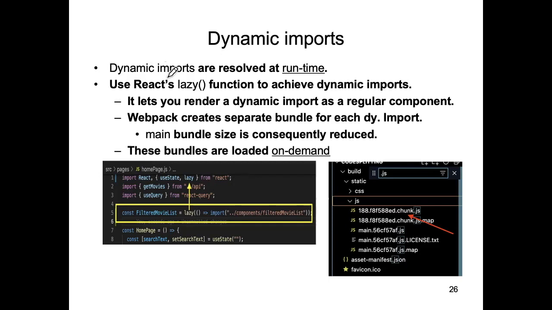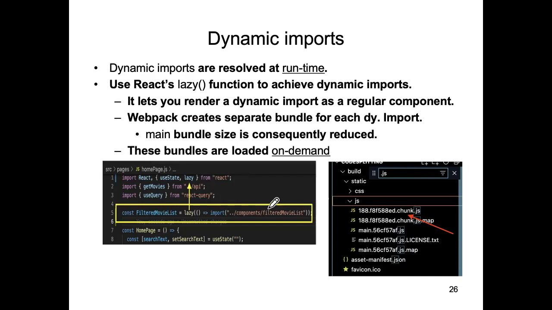The way we implement dynamic imports is by using this special function provided by React called lazy. So you'll see here actually me using it. I'm in my home page and I'm importing the filtered movie list.